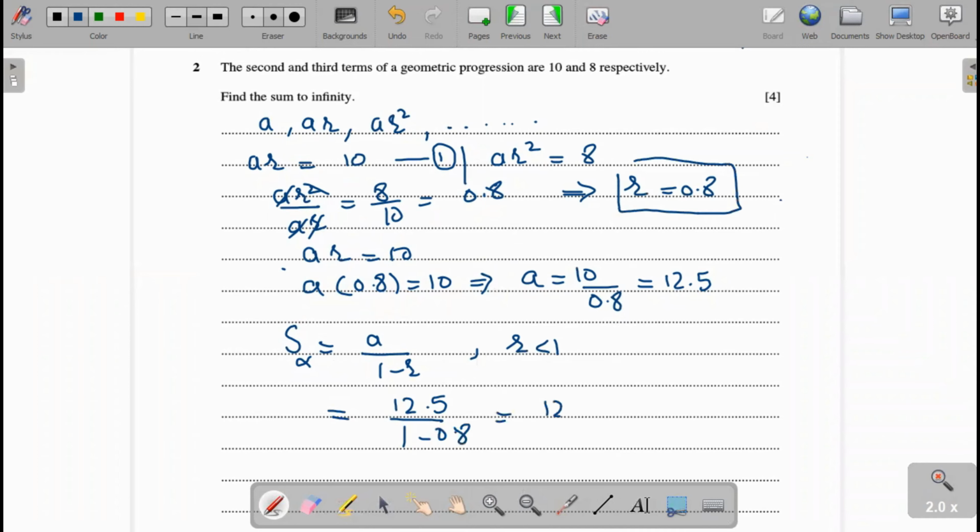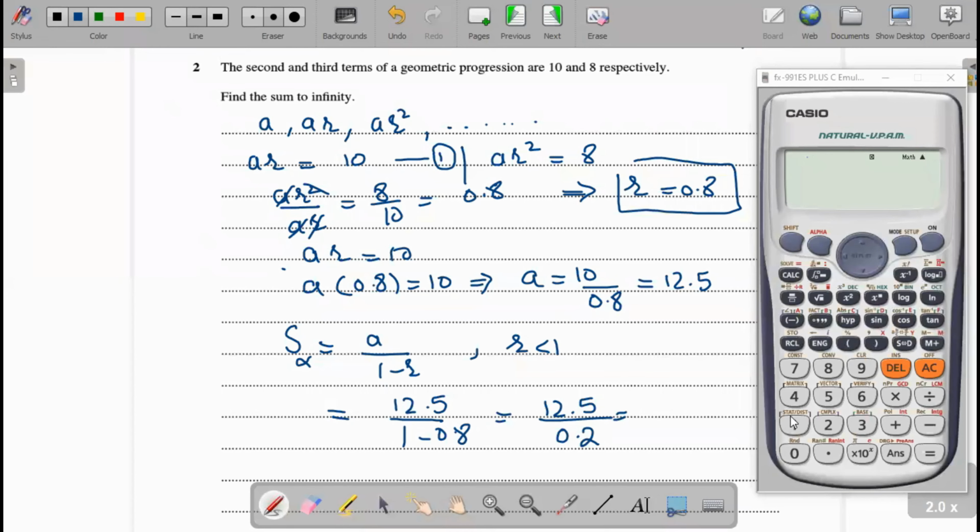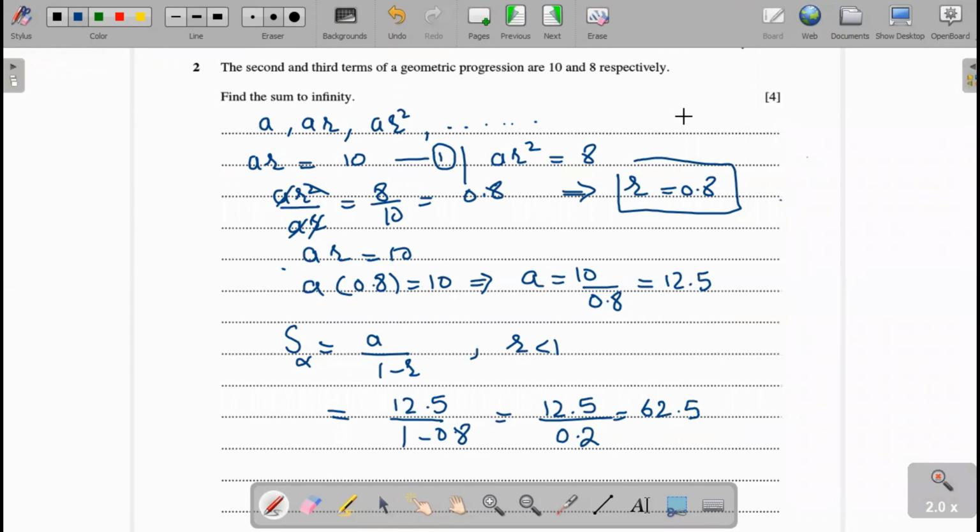Now we get 12.5 divided by 0.2. We get the answer from the calculator: 12.5 divided by 0.2 is 62.5. This is the answer. Now go to the next question.